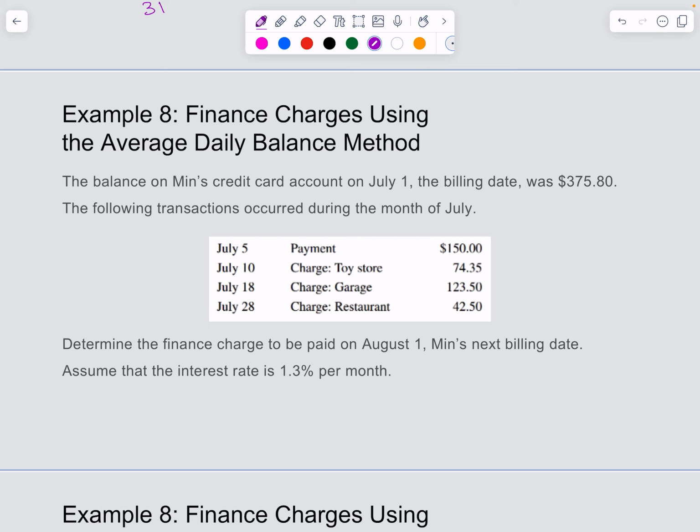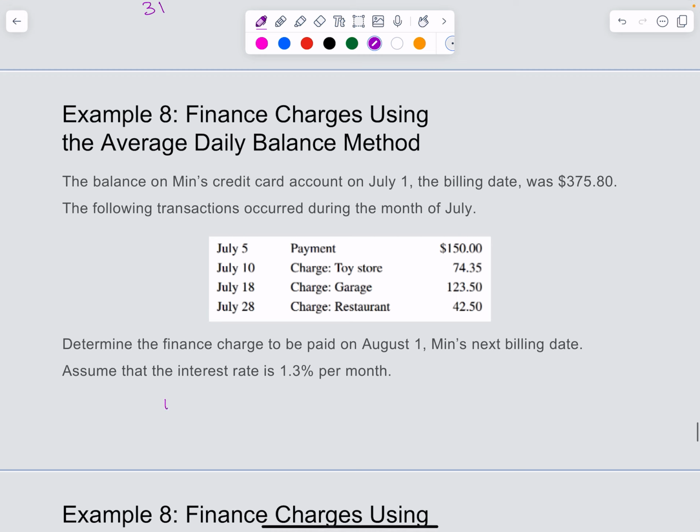Now we can use this average daily balance to determine the finance charge. So we can look at what would be the finance charge to be paid on August 1st, assuming her interest rate is 1.3 per month.